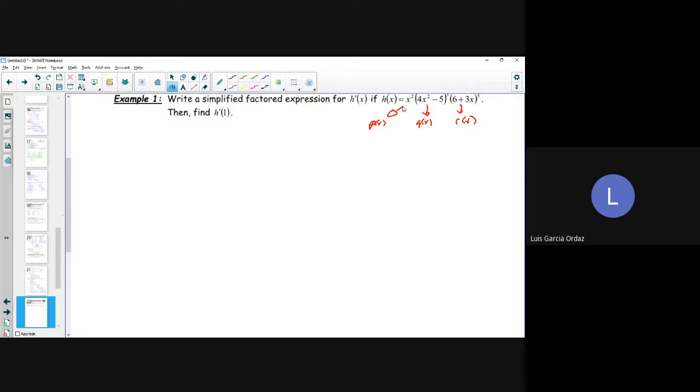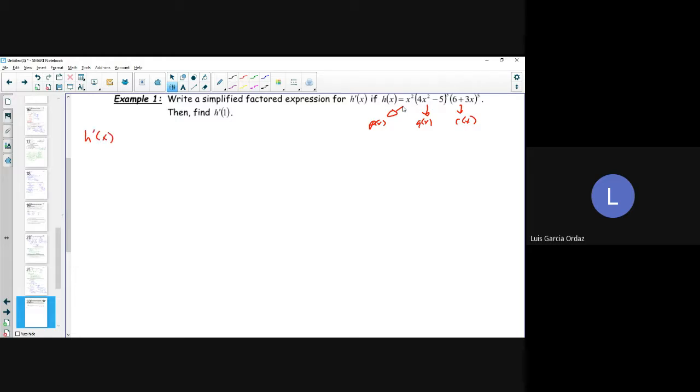So what we can do here is we have to use a combination of the product law along with the power of a function law for derivatives. All right? So we need to find h prime of x.